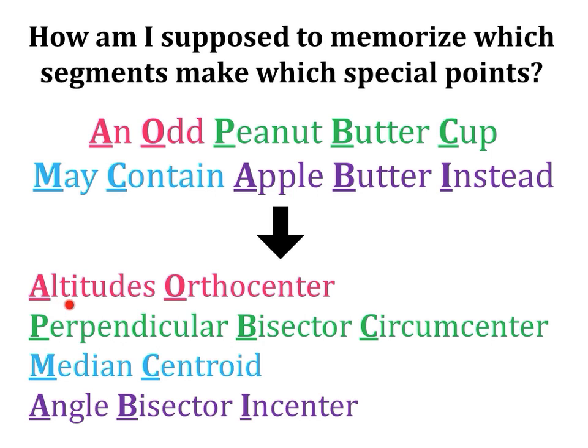For our two new ones, you can say altitudes, orthocenter, so an odd. We already did the perpendicular bisector, circumcenter, with the peanut butter cup mnemonic. And then the new one, median, centroid, may contain. And then previously we had angle bisector, incenter, which goes with apple butter instead.